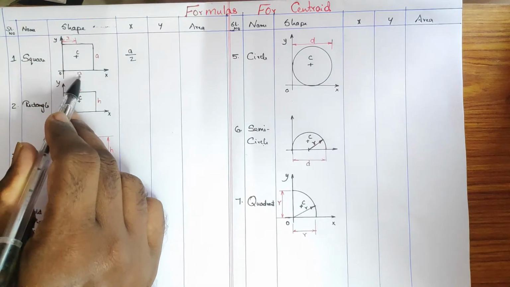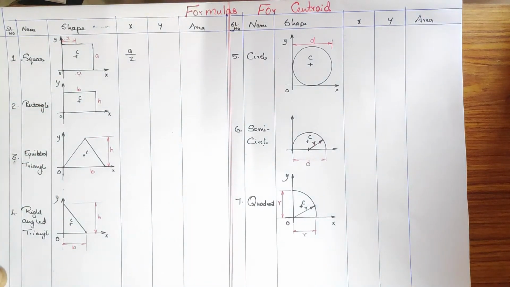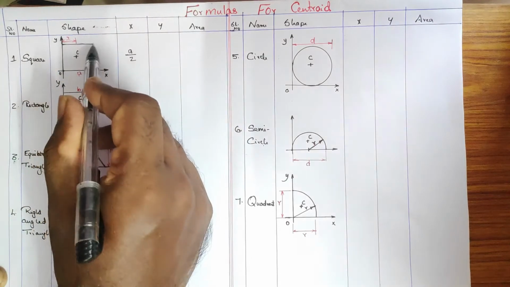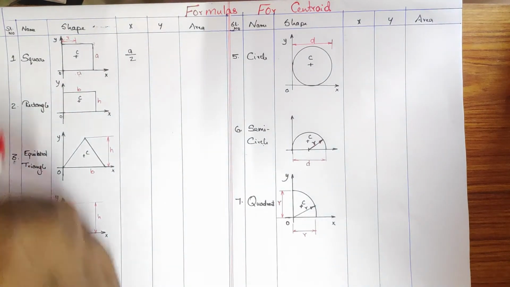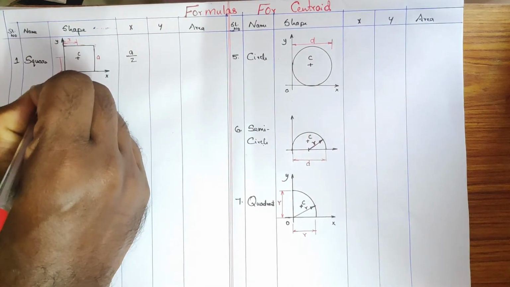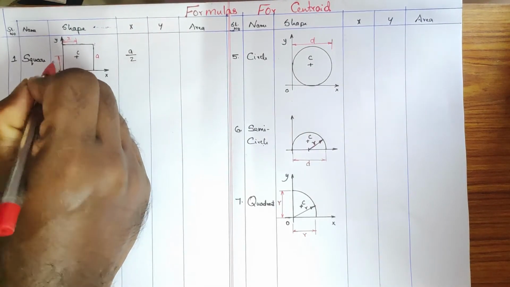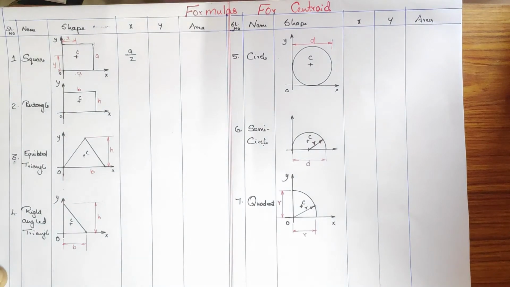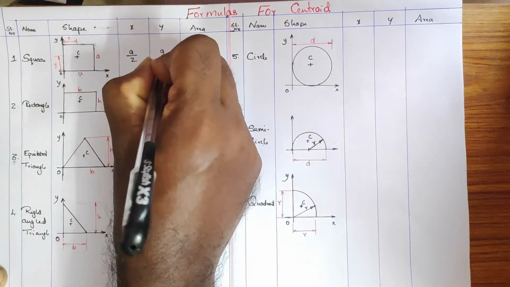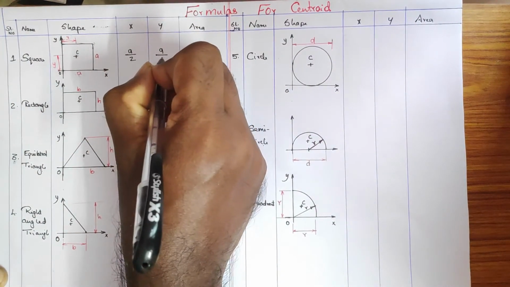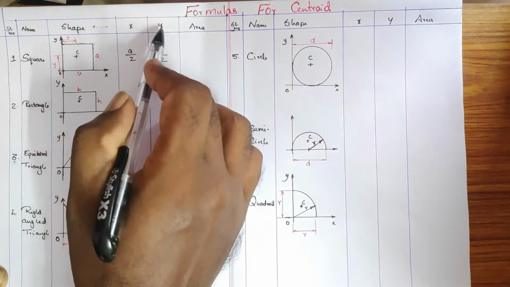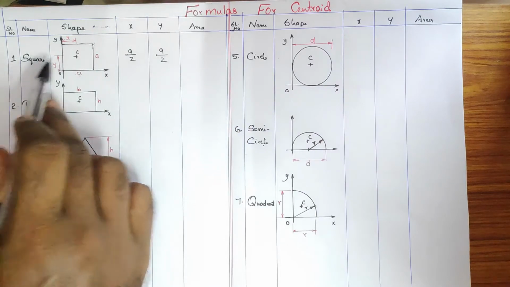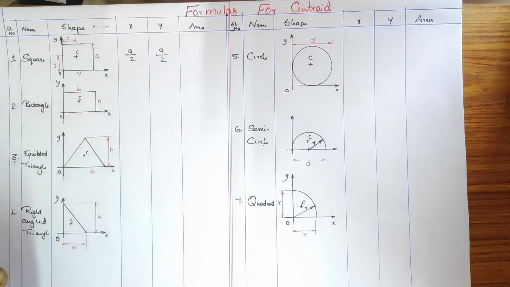Similarly, the y measurement from the O will be a by 2. So x is a by 2 and y is a by 2 to plot the centroid for the square.